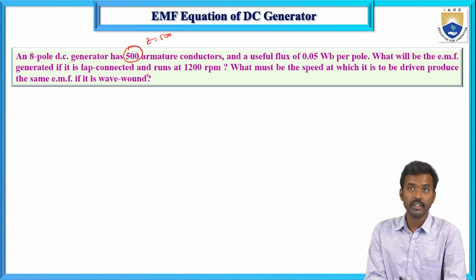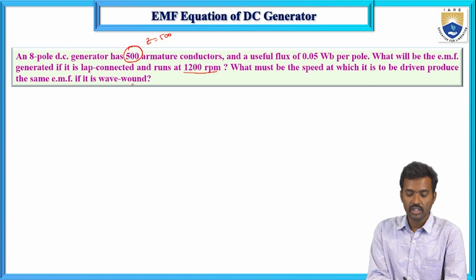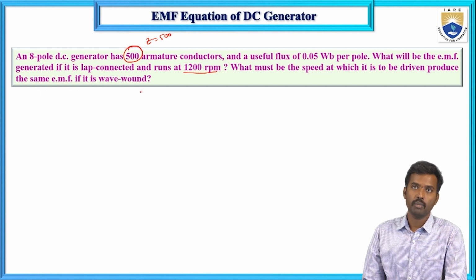If it is lap connected, A equals P, the total number of poles. Here P equals 8, and A equals P, that equals 8, and it runs at 1500 rpm. And what must be the speed at which it is to be driven to produce the same EMF if it is wave wound armature.